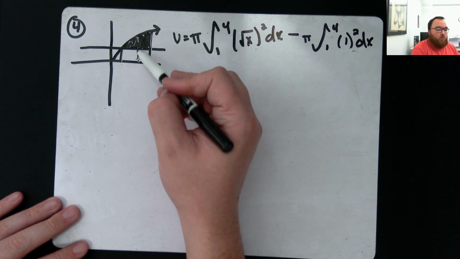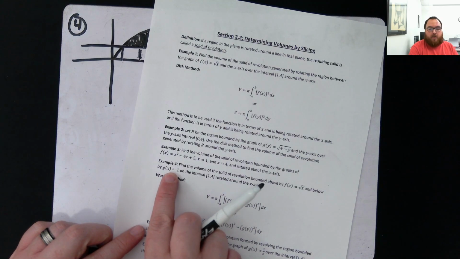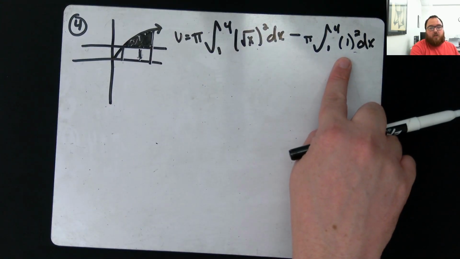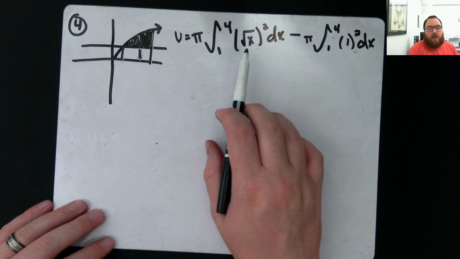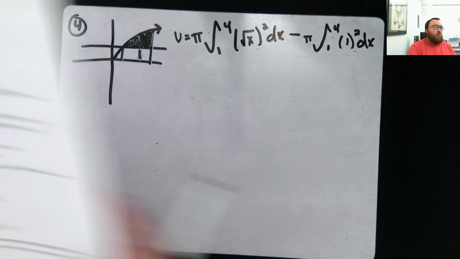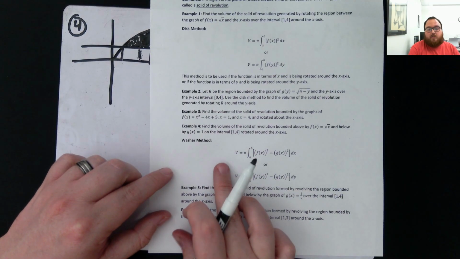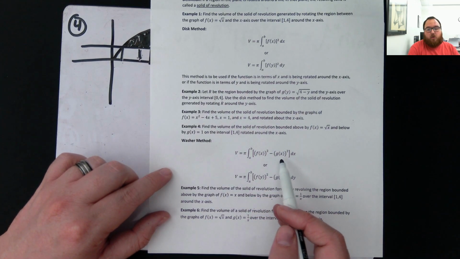The radius here is 1 because the straight line is y equals 1, because that's what it says right here. So I'm going to use 1. So the idea here is I want to do the outside part and then minus the inside part. That's what the washer method says: the outermost part minus the smaller part.